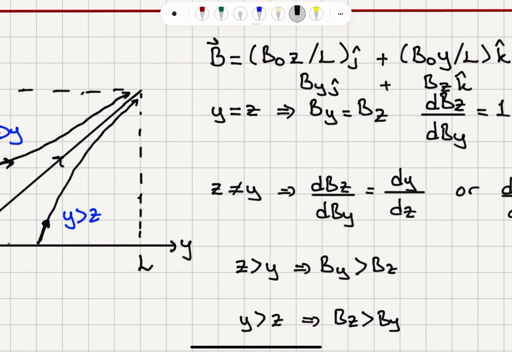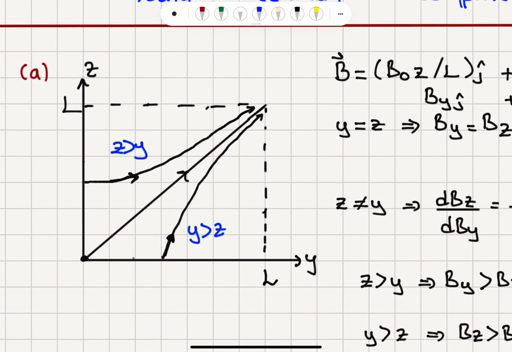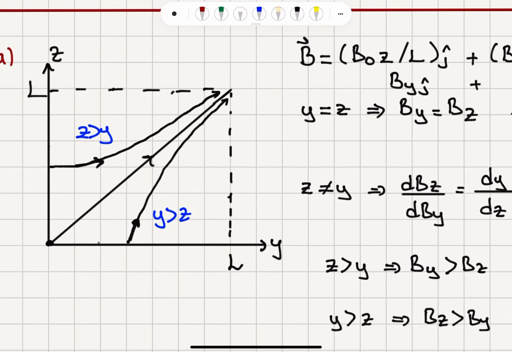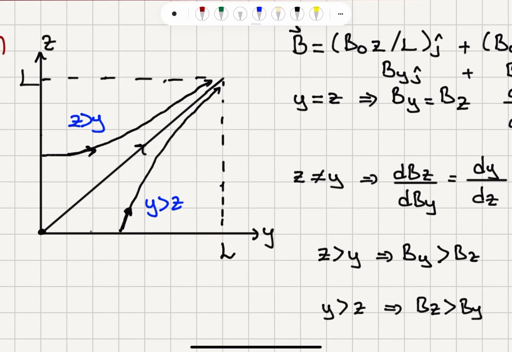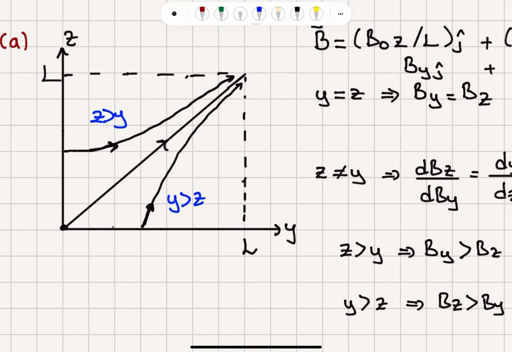Now look at the region where z is greater than y. Let's say y is a small value and z is a large value. If I draw the magnetic field vector for z greater than y, it is closer to the y-axis, with a large y component and a small z component.